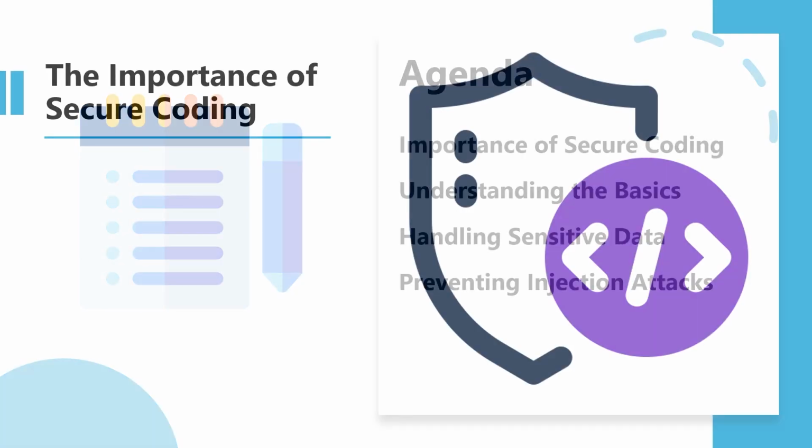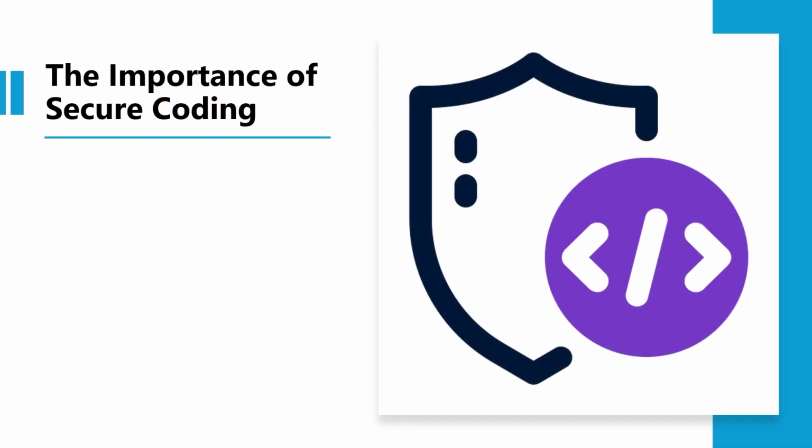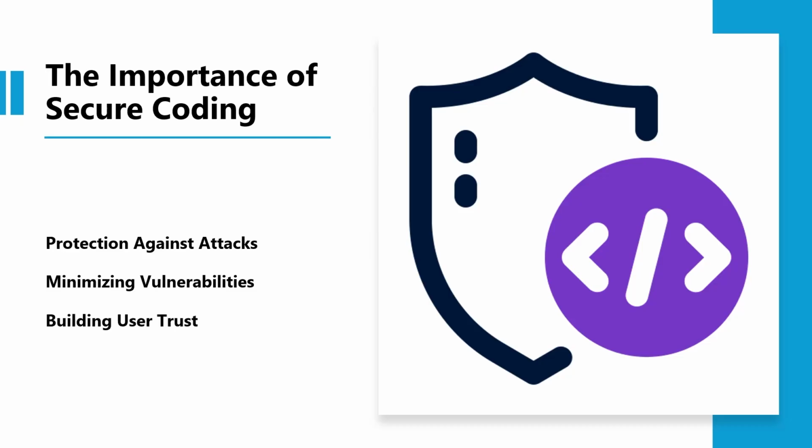The importance of secure coding basically comes back to, first of all, understanding how vulnerable we are as an application. What sort of areas do we need to focus on? Minimize those vulnerabilities if we find any. Of course, that's a given. We have to find them before we can think about them. And the last thing, and the most important part of it, is user trust.